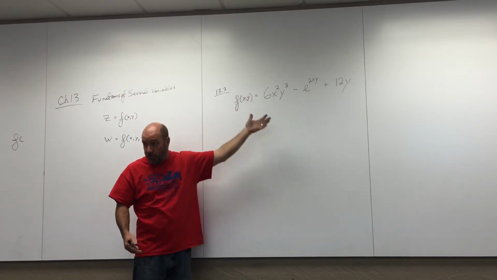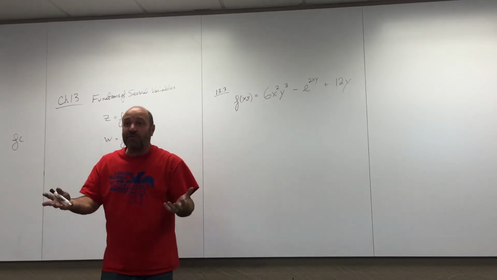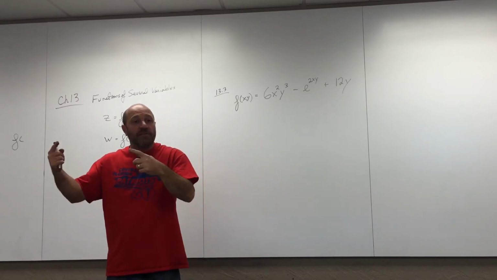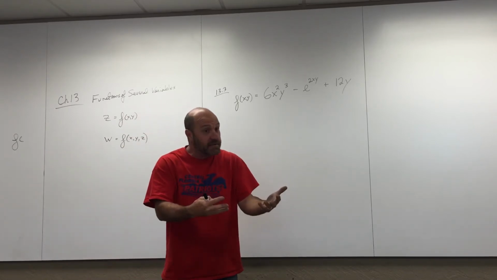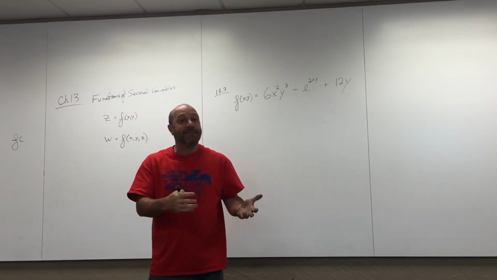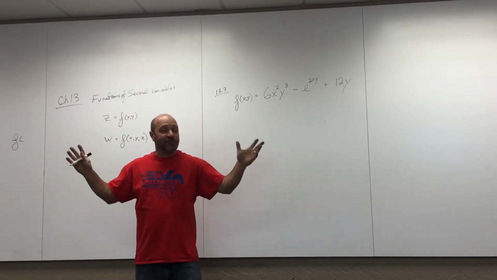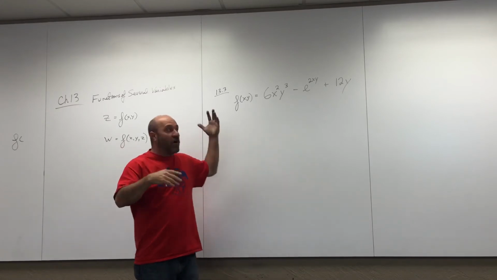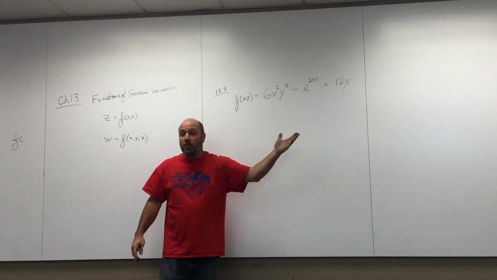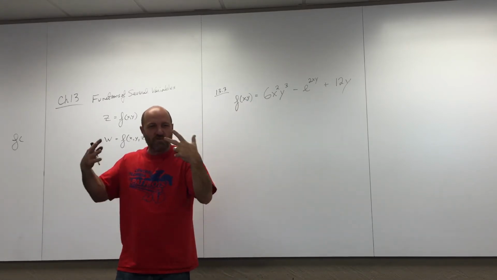We have a function of two variables. When I say take the derivative now, there's sort of two derivatives you can do. You can take the derivative of this function with respect to x, or you can take the derivative of this function with respect to y. That was not ever really true before. With a function of two variables, we can take these two first derivatives.